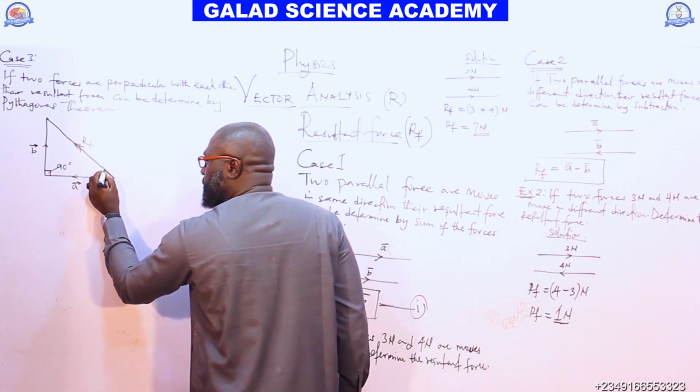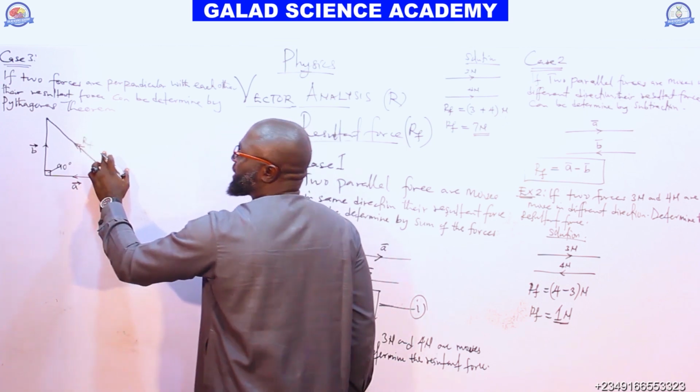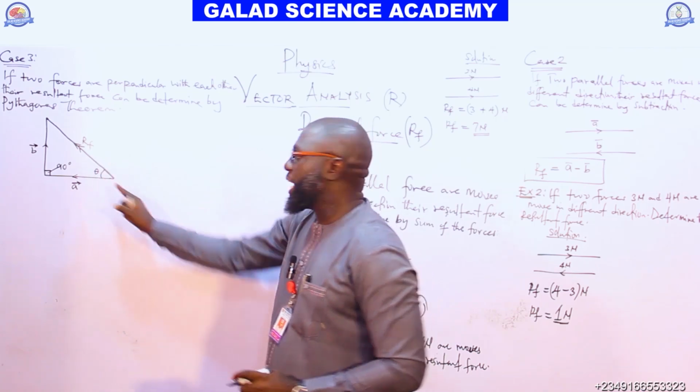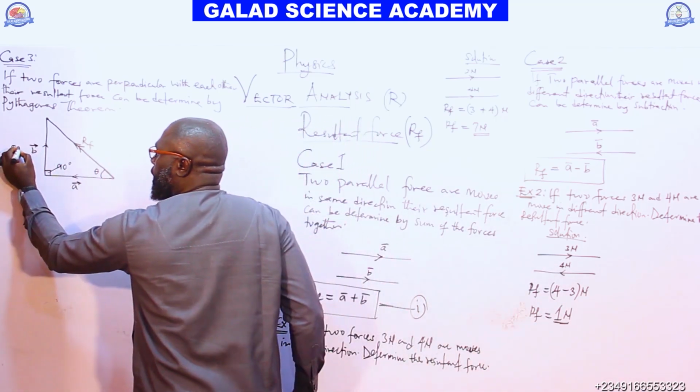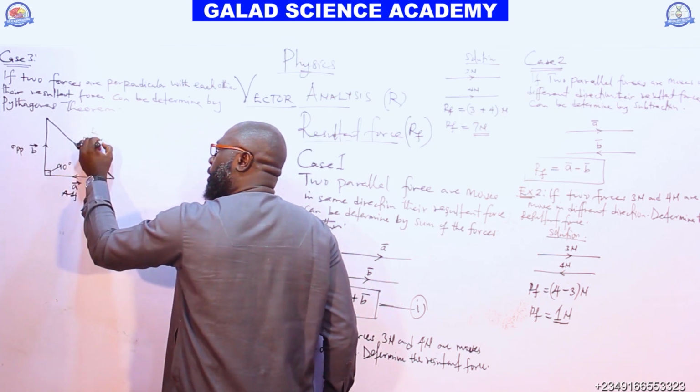This place is angle theta. If here we have angle theta, this side will be the opposite, here we have the adjacent, and this here we have the hypotenuse.